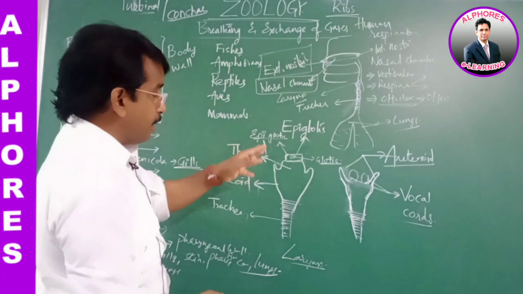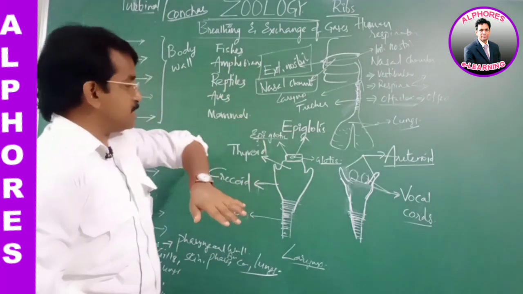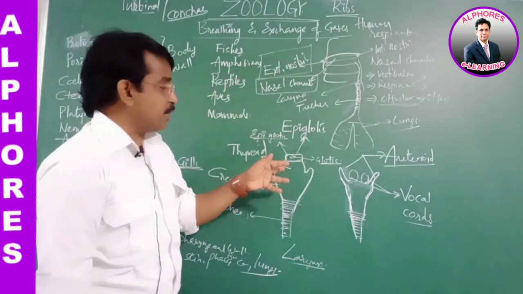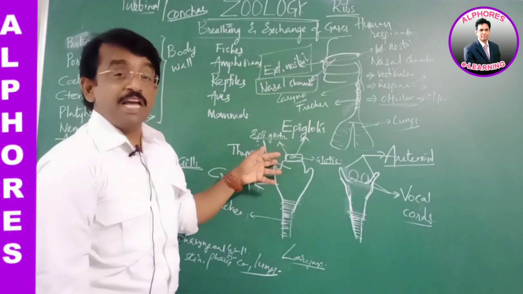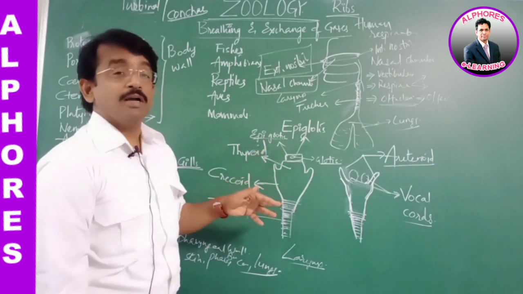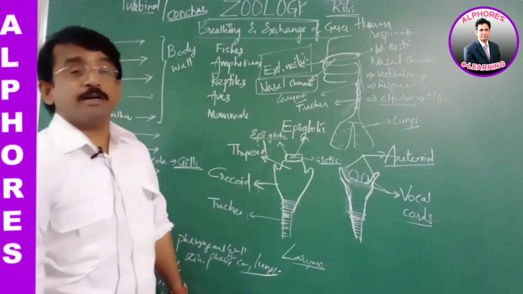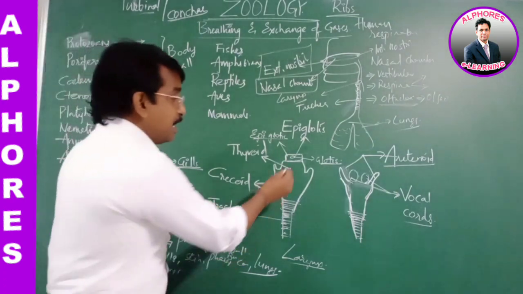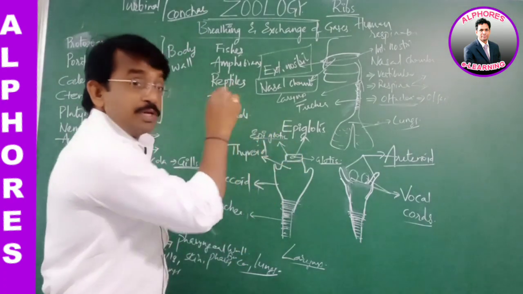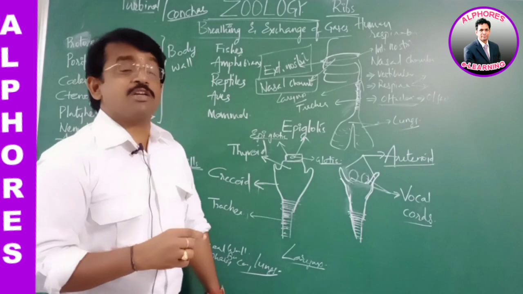In the same way, the epiglottis closes the glottis, thereby preventing the entry of food into the air passage. The epiglottis is a cartilaginous plate.